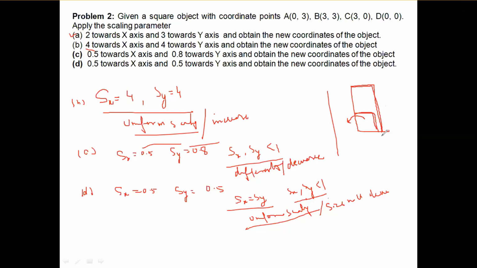Is it clear? While doing the scaling, the shape of the object may get changed according to the type of scaling you are performing. When you perform differential scaling, the shape of the object will get changed.